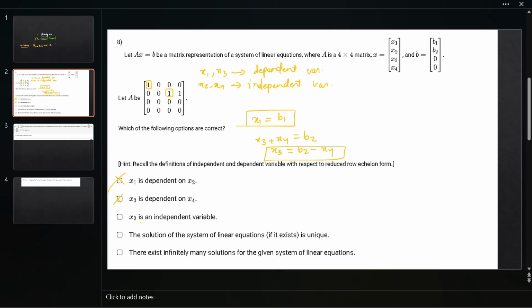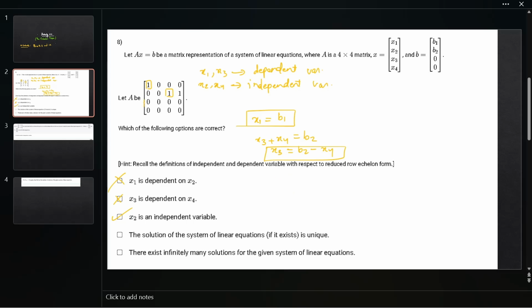Now coming on to option 3, where it says x2 is an independent variable. So yes, we have seen that x2 is an independent variable. The fourth option says the solution of the system of linear equations, if it exists, is unique. So we will have to check whether this solution exists or not. To check whether the solution exists or not, we try to look for the zero rows.